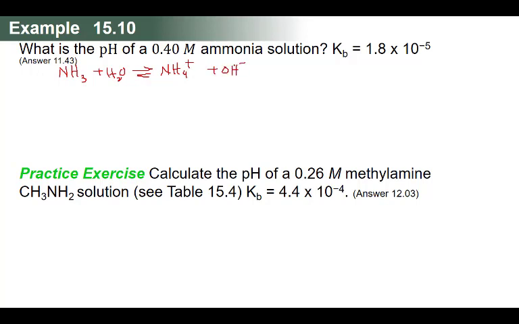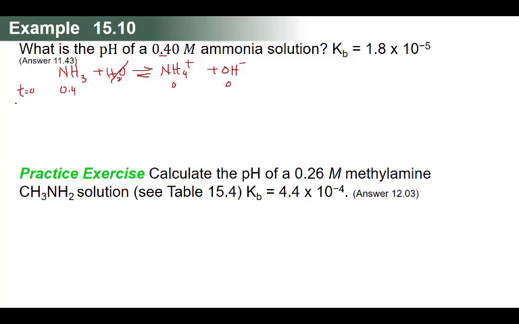Because this is pure water, we don't consider it in the calculation. So again, at time equal to 0, initially, the concentration was 0.4, and this was 0, this was also 0.